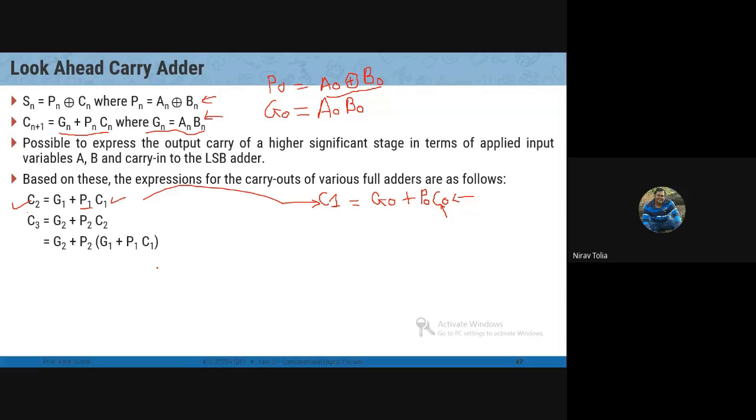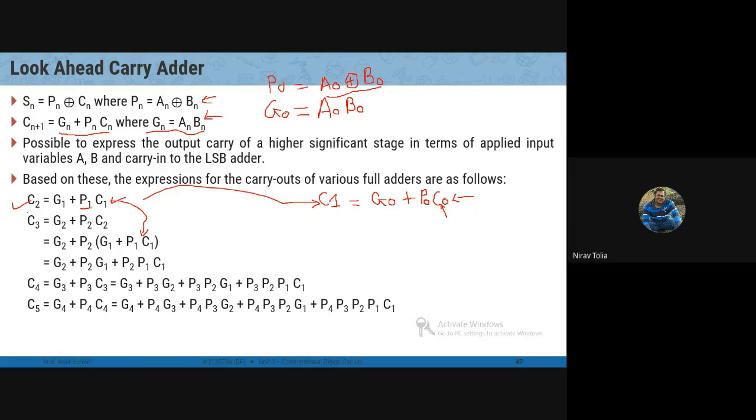From that equation we put it here and simplify the equation. Same way for C3, and same way for C5. So at the same instant, we have all the carries also generated with us.